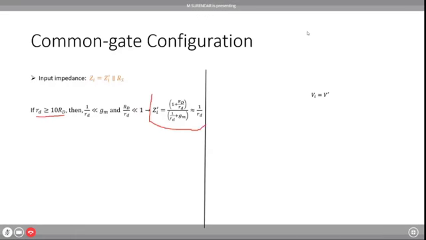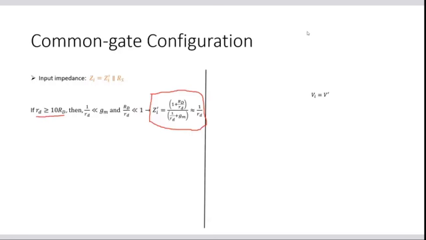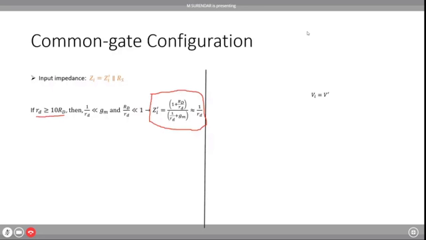Here we can see that if the rd value is very high, then 1 by rd is very small when compared to GM. And also capital RD divided by small rd, as rd is higher, will be very much less than 1. So I can rewrite this Zi prime equation as just 1 by GM. Finally, we can write the approximate input impedance as 1 by GM parallel with RS. This is the final approximate expression for the input impedance.